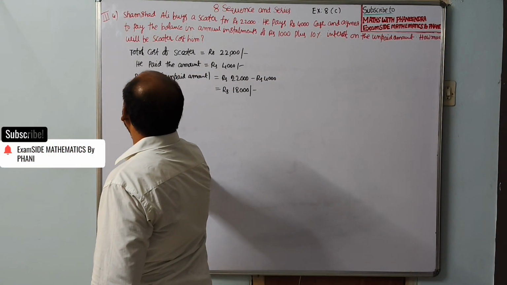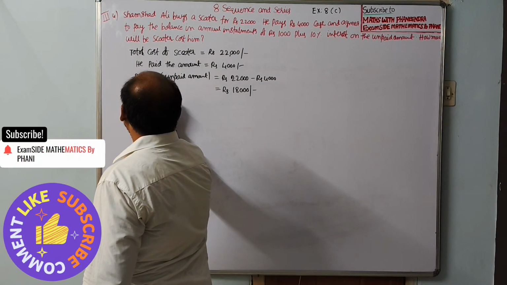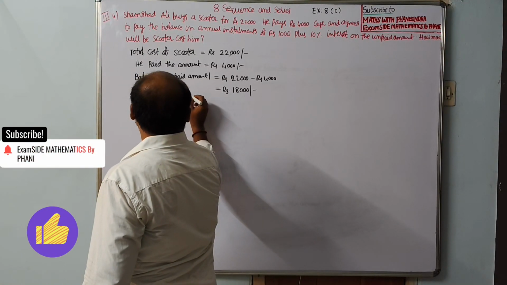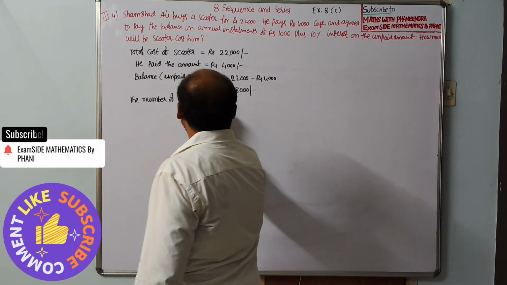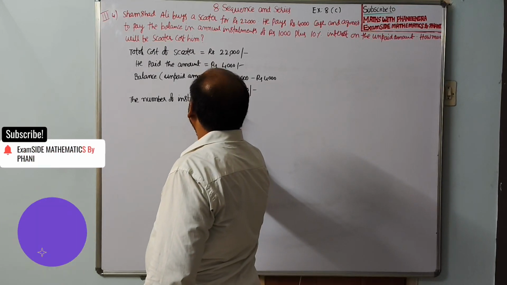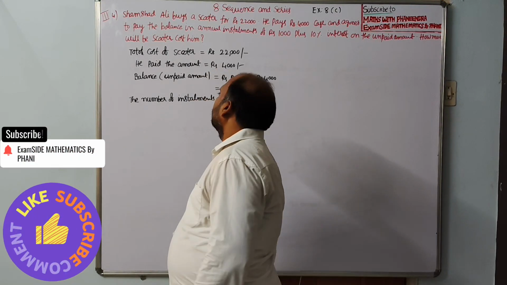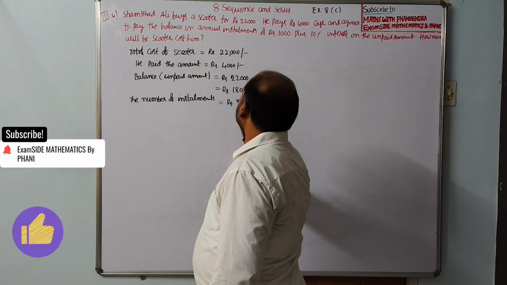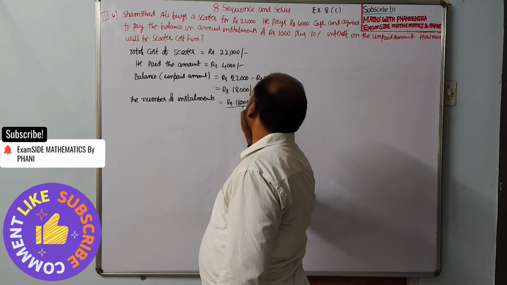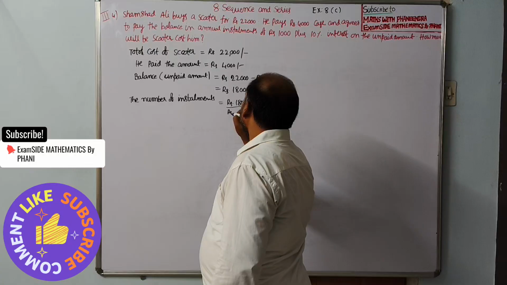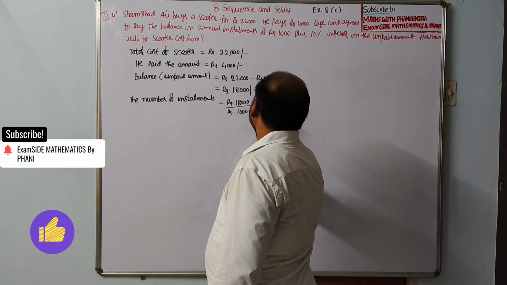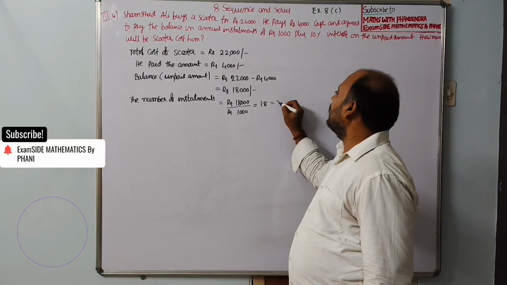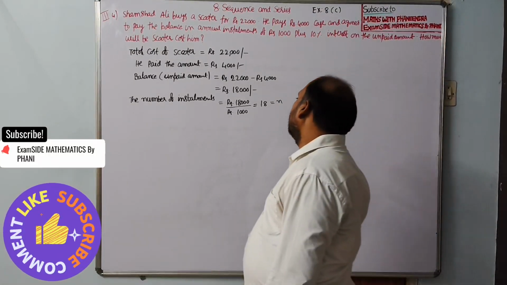The number of installments is equal to the total balance amount of 18,000 divided by the amount paid every month, 1,000. So 18 months is the number of installments.